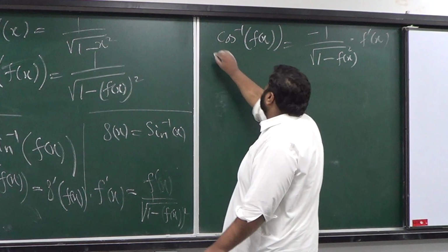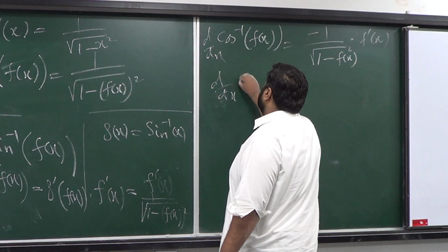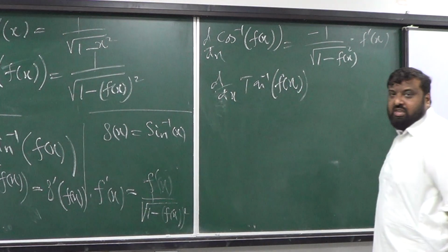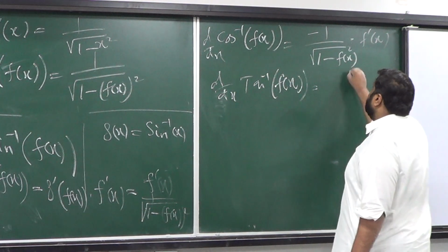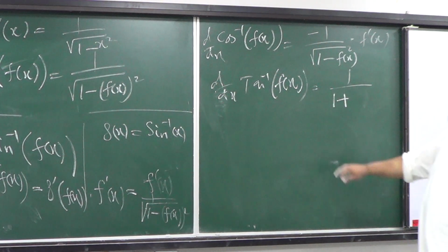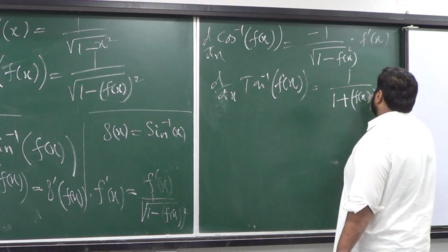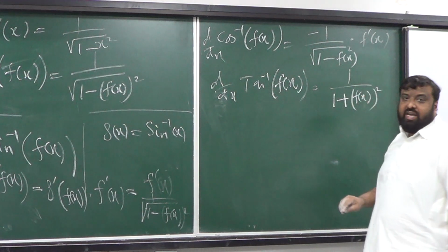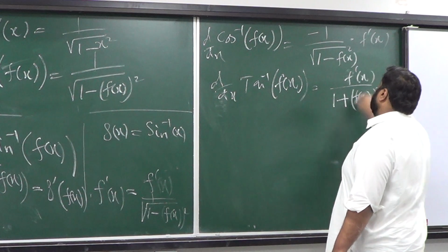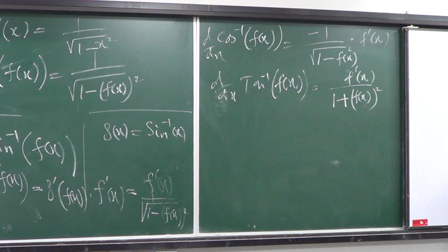What would be the derivative with respect to x of tangent inverse of some function of x? For the tangent inverse, we know the derivative is 1 over 1 plus x squared, but the role of x is played here by f of x, squared, multiplied by the derivative f prime of x. So try to derive by chain rule this similar kind of relationship.